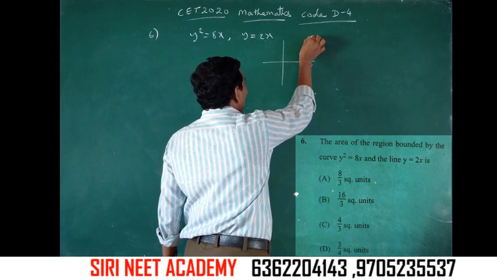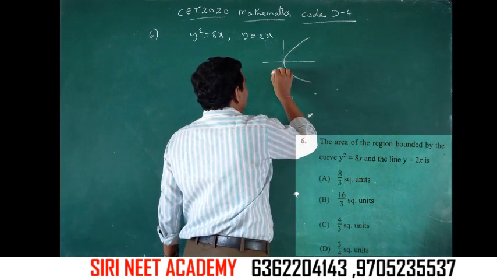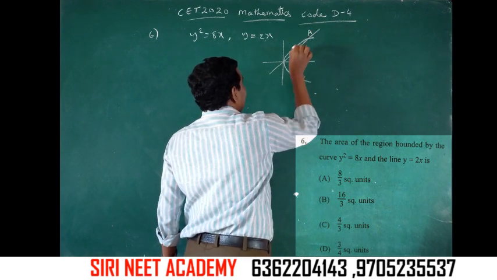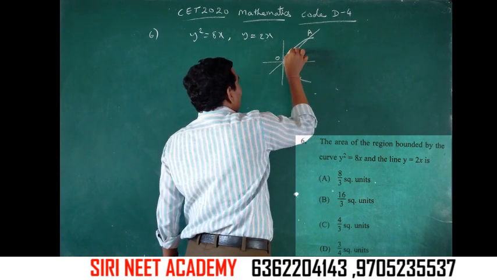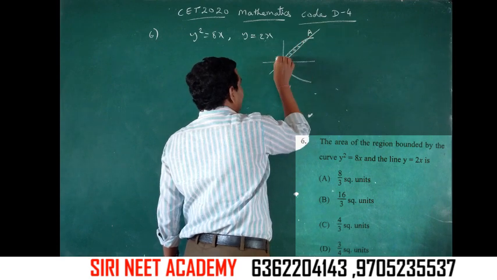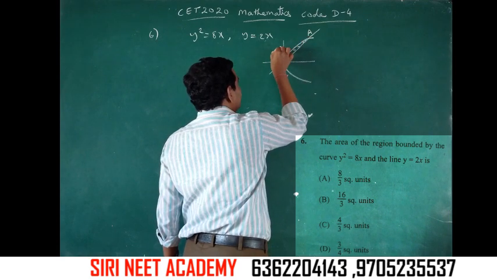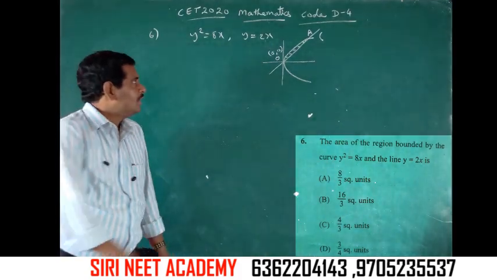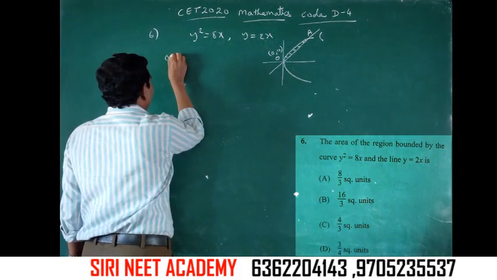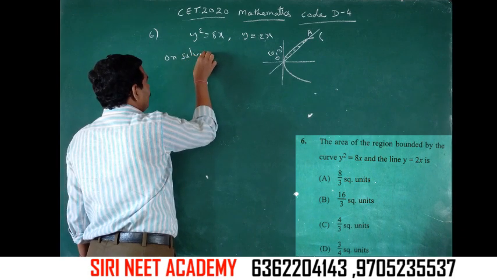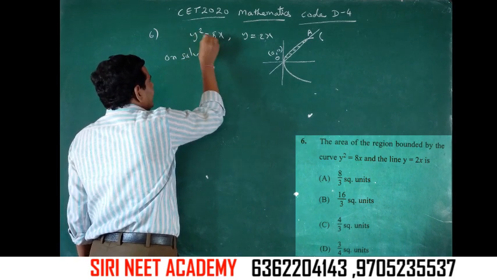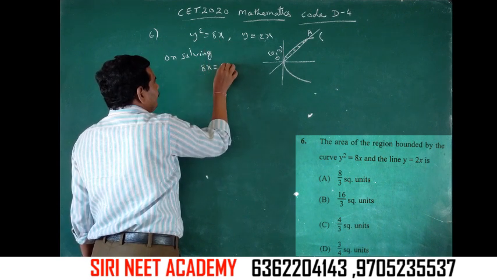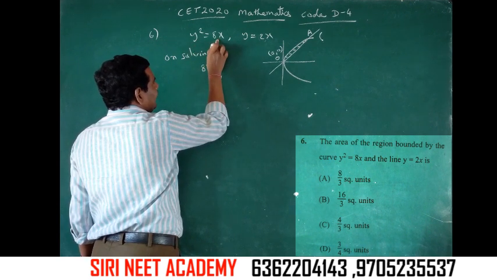Parabola is a right-open parabola, straight line is passing through the origin. Their meeting points are O and A. Clearly, origin coordinates 0, 0. Now we have to find the coordinates of A. So solve these two given equations. y square is 8x, equal to y square value, 8x.